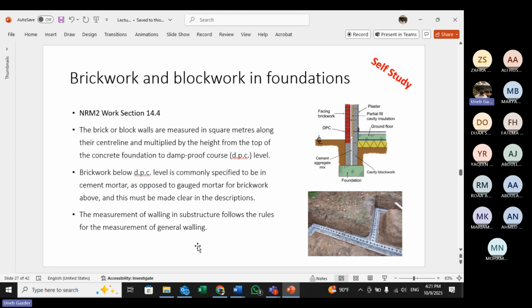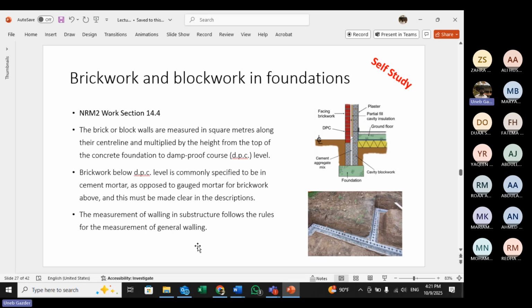So we are using center line for trenches, foundation, and for wall block work as well. It is measured from the top of concrete foundation to the top of damp proof course.